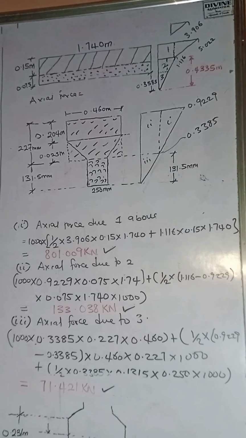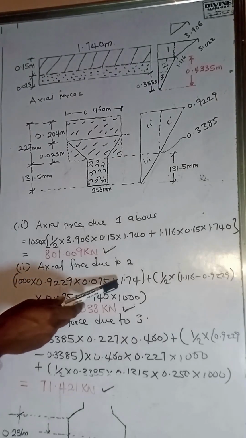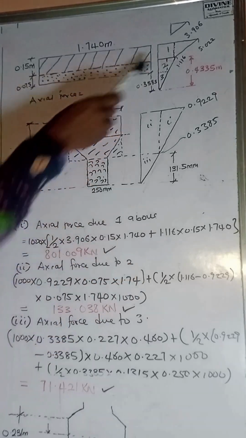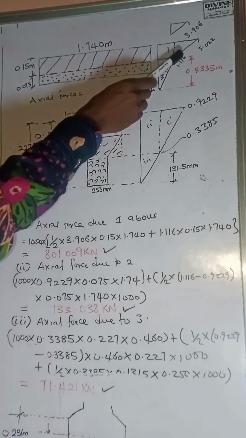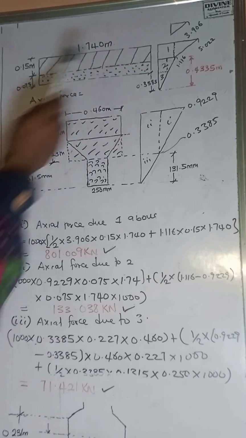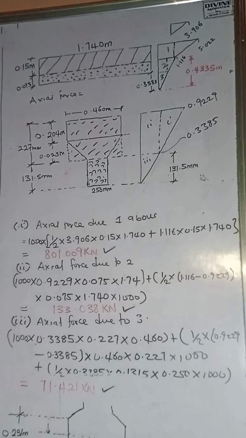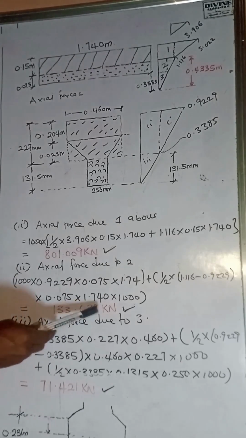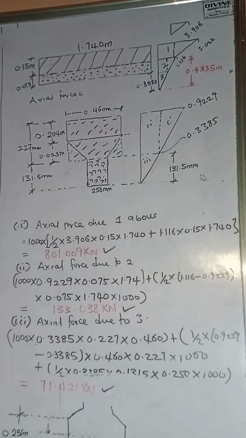So for portion 2, we have 1,000 times 0.922 times 0.07 times 1.74, plus the area of the small triangle, which we got by 1.11 minus what we got here, 0.922, times 0.07 times 1.74 times 1,000. If we do that, we have 133.038 kilonewton as the axial load due to that stress.